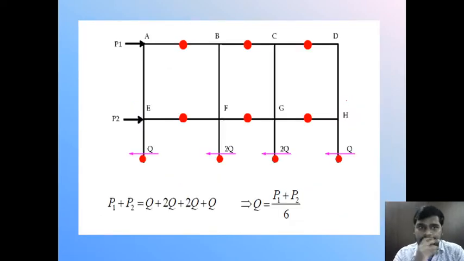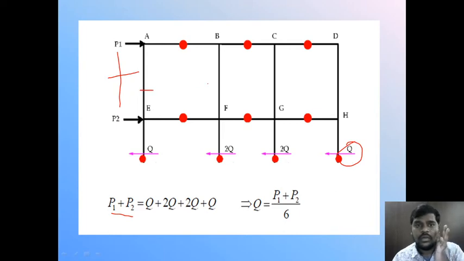Next, here we have to be careful. To find Q, while finding Q, we have to consider P1 and P2 as horizontal forces, but we must not consider the P forces of the upper columns for these columns.